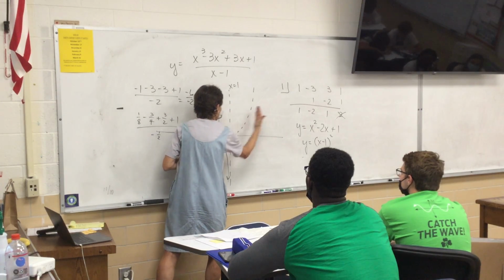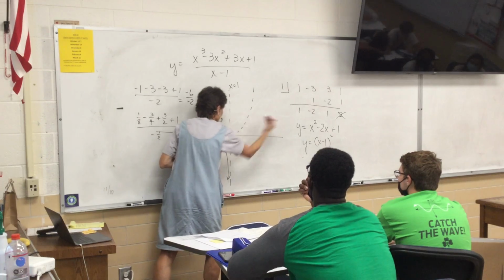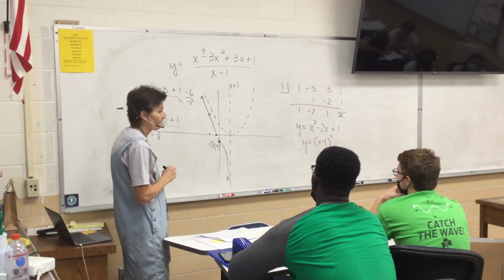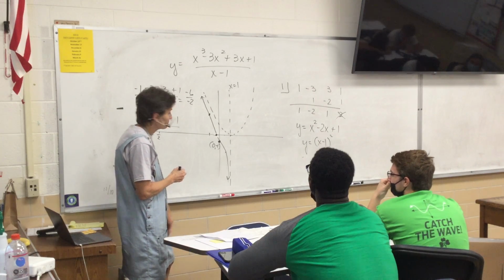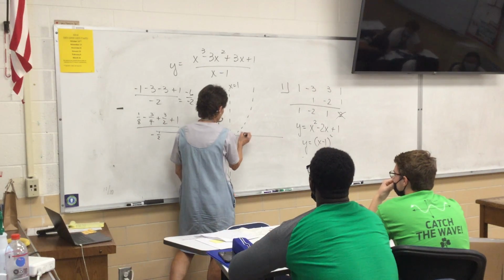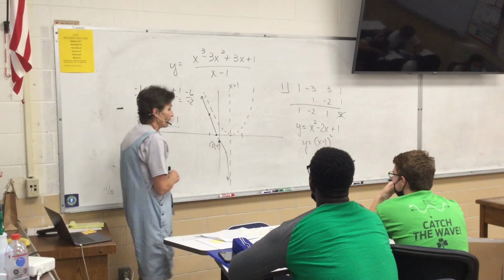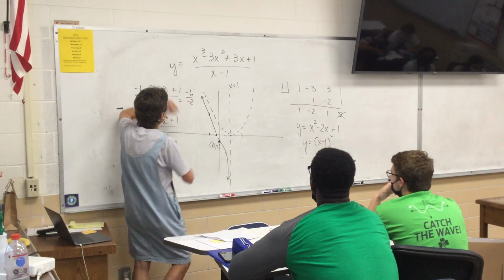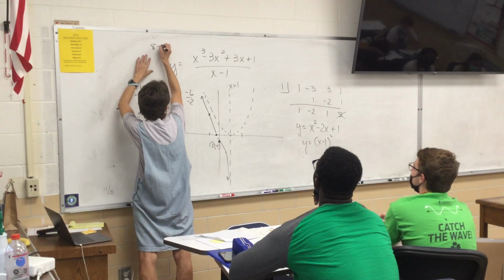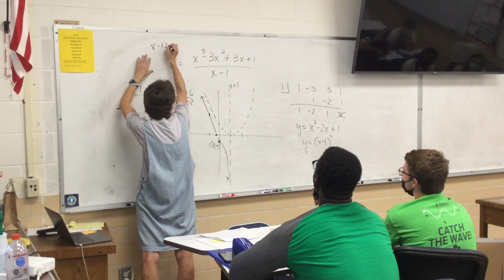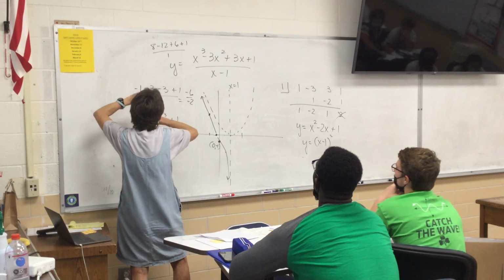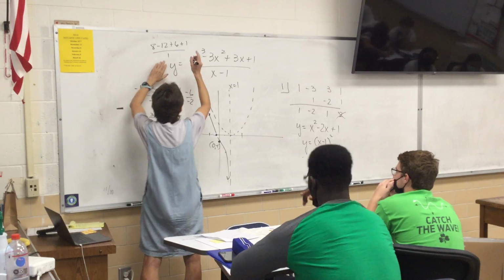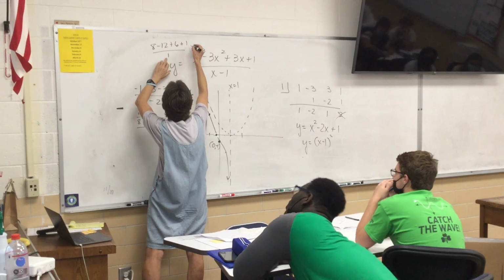All right, there's another piece to this. There's something on this side. Would it be under the parabola? I don't know. How could I tell? I'll just pick a point. So that's 1. What happens if I put in 2? So putting 2 into my problem gives me 8 minus 12 plus 6 plus 1 over 1. Is that positive or negative? Oh, it's positive and I need to know what it is actually.